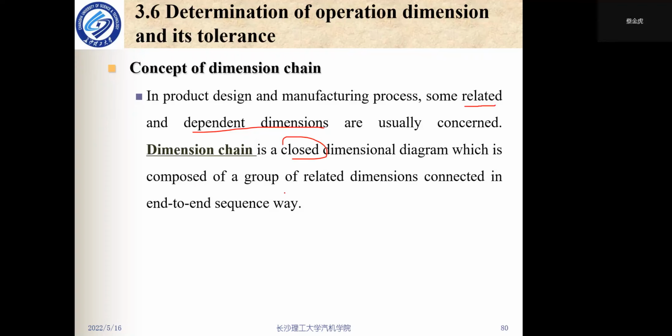So the definition is: dimension chain is a closed dimensional diagram which is composed of a group of related dimensions connected in end-to-end sequence way.